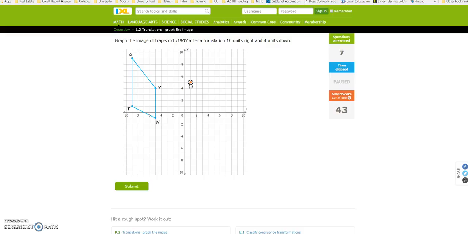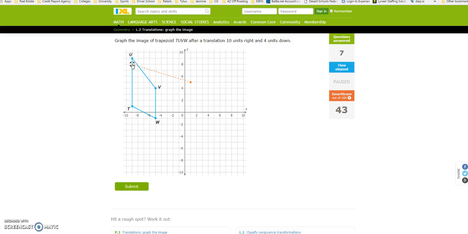And remember earlier in another video I was talking about how I can count the spaces between the shape itself. So we can count the spaces between U and T in the original shape, because this is our new alpha U, where we moved 4 units down and 10 units to the right.